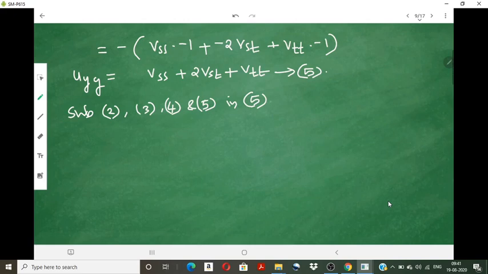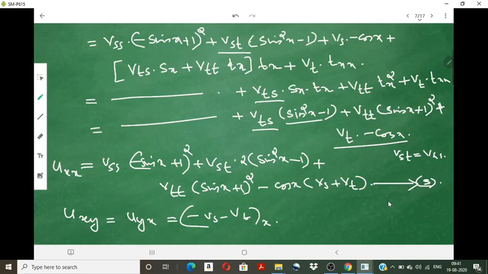So equation number 1 implies what? Uxx is Vss into, instead of Uxx we have to write its expression from equation number 3.